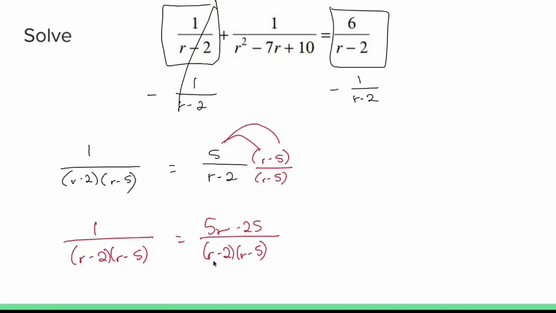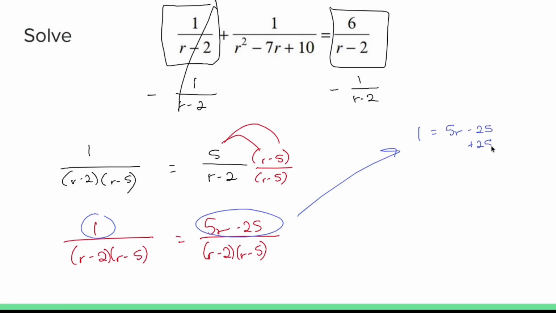Now, a fun little fact is if I have 1 over a denominator equals 1 over the same denominator, just set the tops equal to each other. 1 equals 5r minus 25.